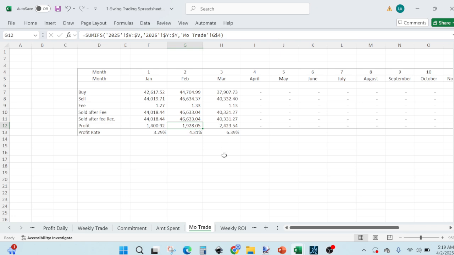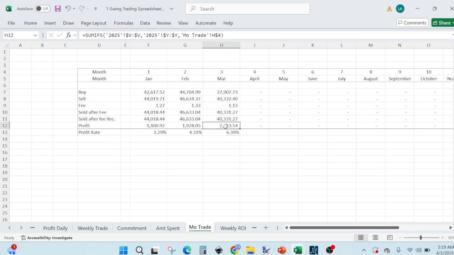And we have our monthly trade. For the month of March, we made $2,400, but we purchased stocks for $37,000 and sold them for $40,000 with that fee, to make a 6.39% return on it.